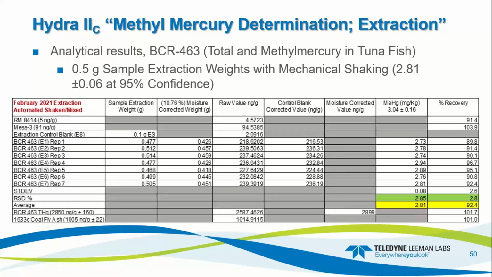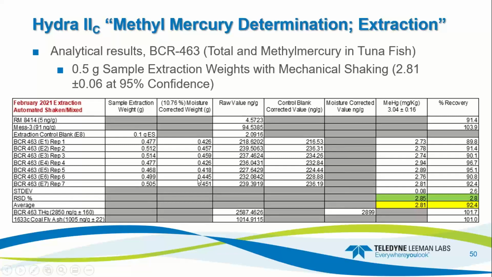So with that said, for the experiment I ran, I used total mercury and methyl mercury in tuna fish, reference material BCR 4.63, and then here are the extraction weights, percent moisture, and the corrected weight.